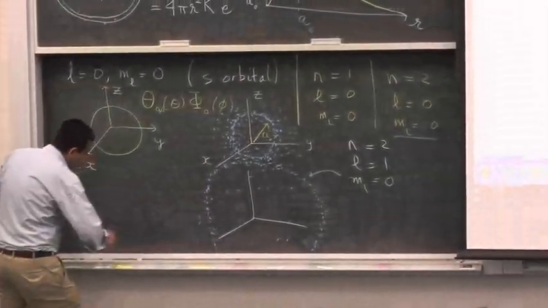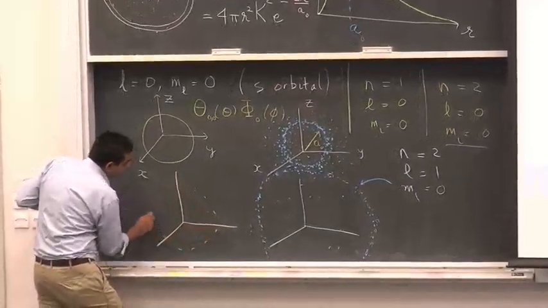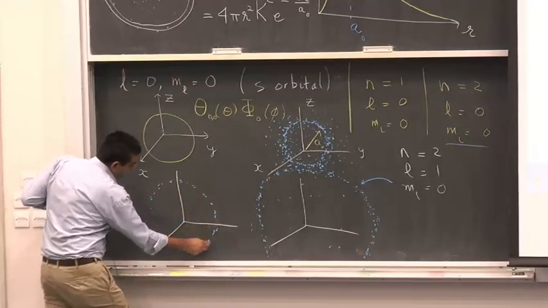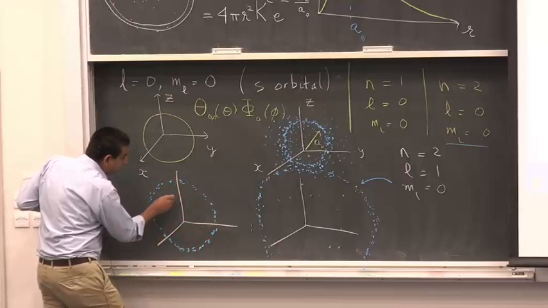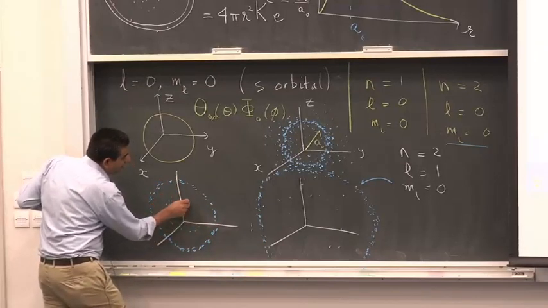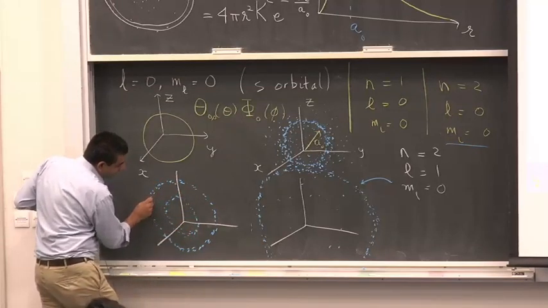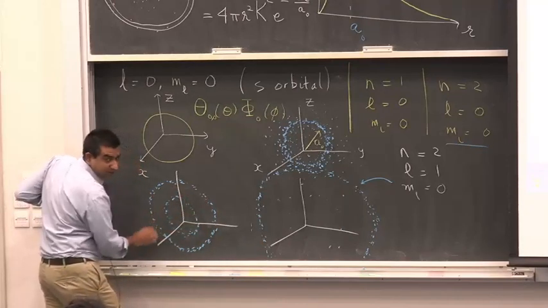So if I were to plot this on the same graph, I will have a maximum probability density at some location, in between I have another location of some semi-maximum probability density, and higher probability density here, and I will have a node in between.